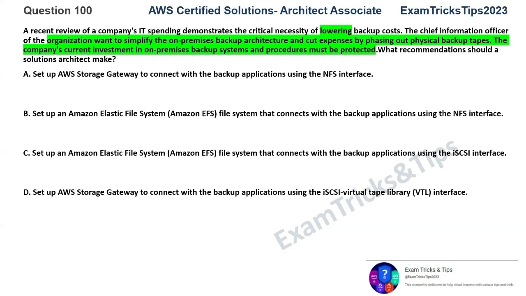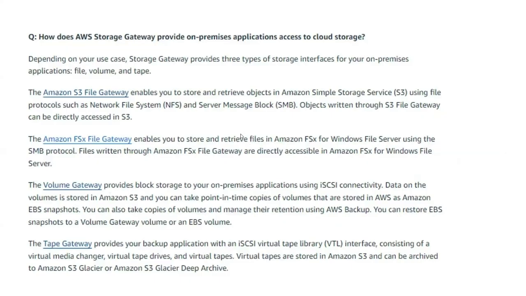If you look at Storage Gateway and the different types of Storage Gateway, I'll refer you to documentation from AWS. These are the different types of Storage Gateway: file gateway, FSx gateway, which is a Windows file system, volume gateway, and tape gateway. So within the AWS Storage Gateway family, you do have a gateway solution specifically created for tapes, the tape gateway, and that uses the SCSI virtual tape library interface.